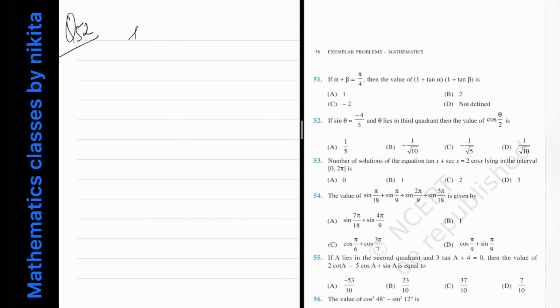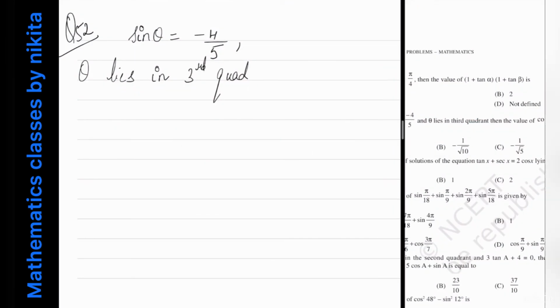So given is that sin theta is equal to minus 4 by 5 and theta lies in third quadrant. Okay, I have to find the value of cos theta by 2. Now first of all, let's find the value of cos theta, which is equal to under the root 1 minus sin square theta.